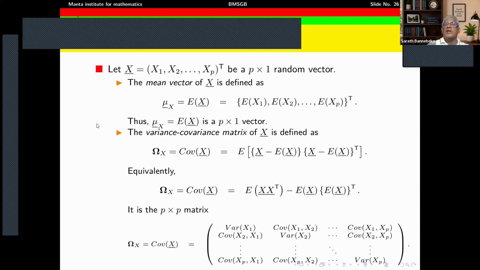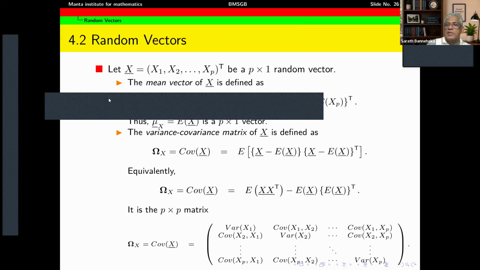Because this idea of random vectors and their means, variances, and covariances is important, especially when we talk about the multivariate normal distribution. And there is another important concept that we require, that is the decomposition of matrices. So those two topics will be discussed in the next video.